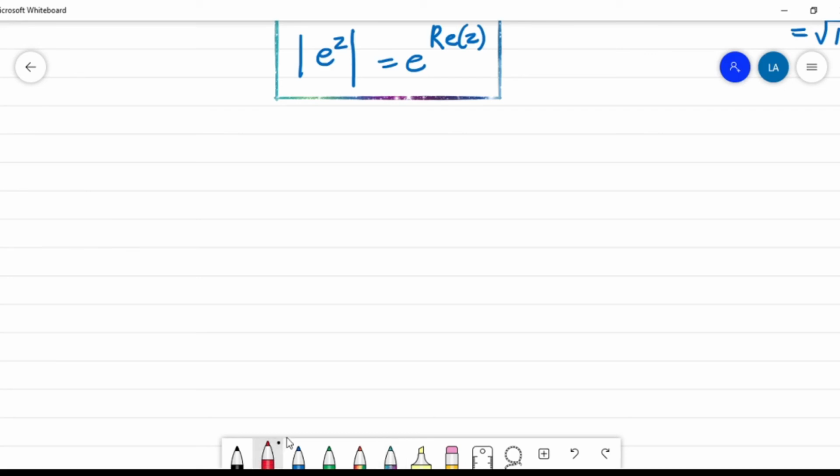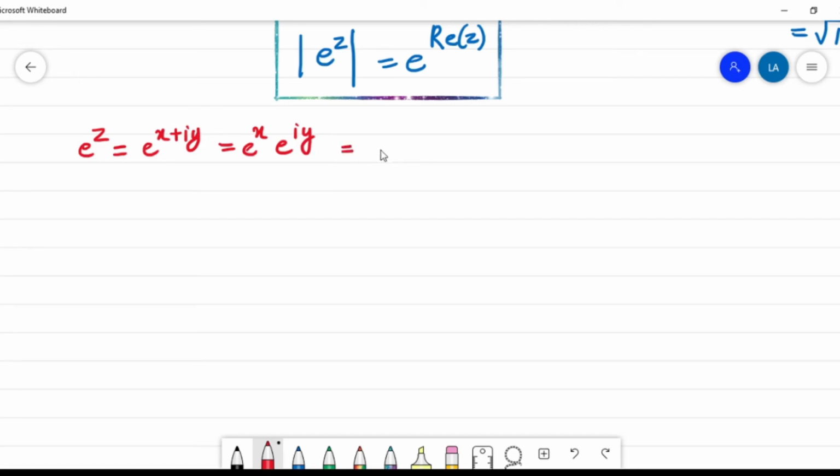Now, let us see a simple more conviction. e raised to z is equal to e raised to x plus iy, which is equal to e raised to x into e raised to iy, right.